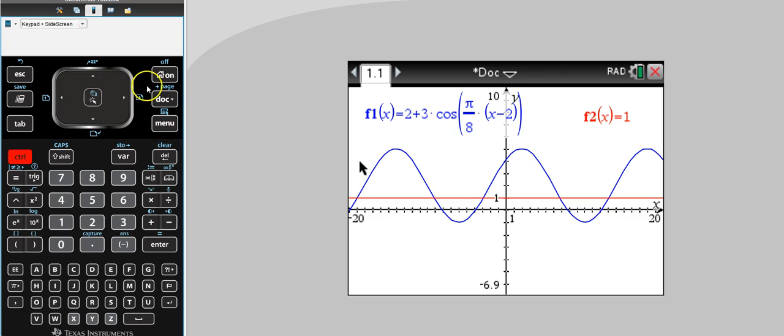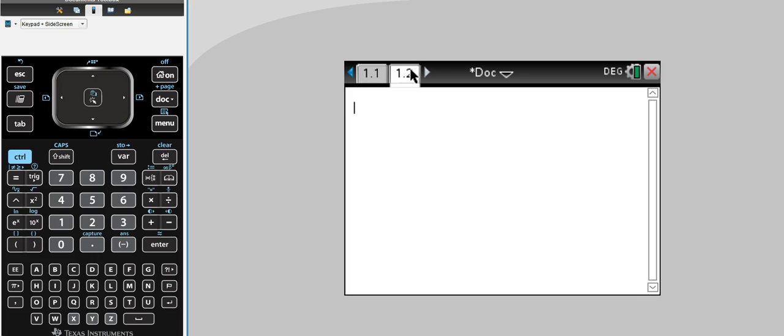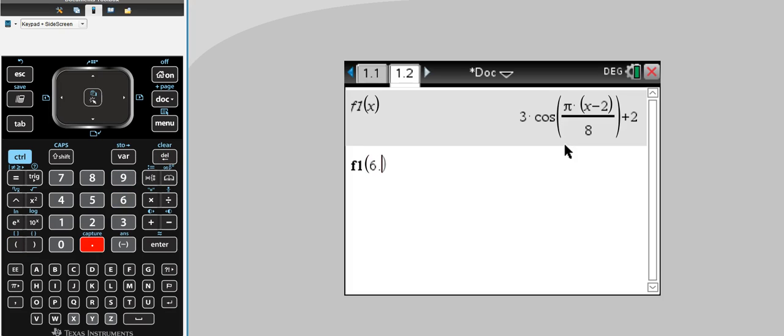If I go to Control Dock and go to a calculator page, and type in f1 of x, it gives me that equation I've already typed in. To check my solutions, I can type in f1 and one of my solutions, 6.8654, and I get, well, that's odd.